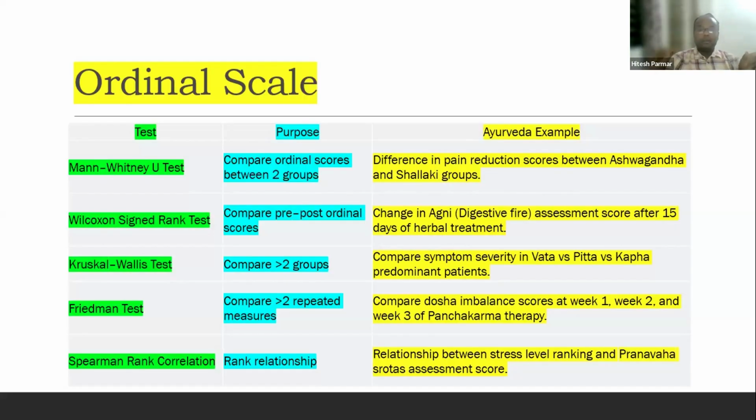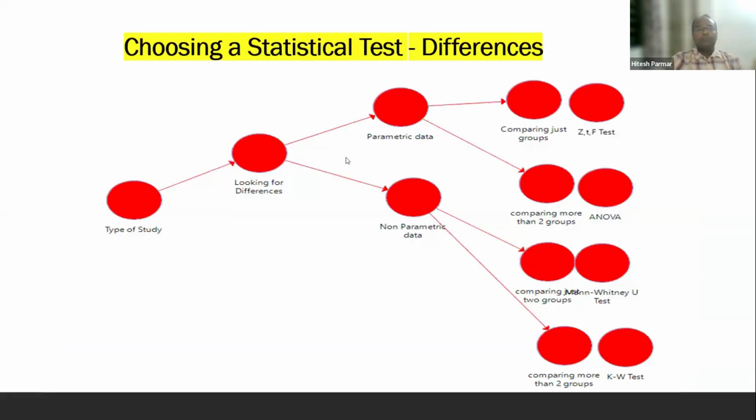Now with the same data, suppose we change to interval or ratio data, then the test will become the independent sample t-test. So if I go back here, say for example you are looking for a difference, comparing 2 groups, then if it is interval or ratio data, it will be a case of the independent sample t-test.